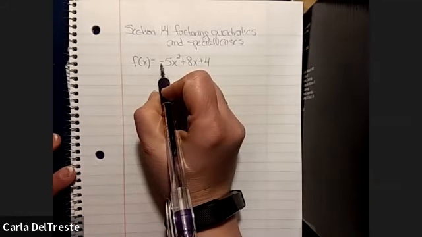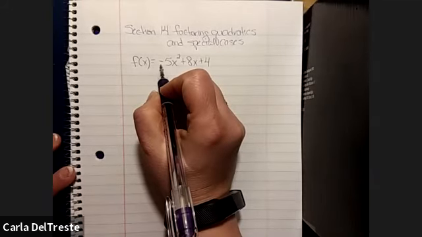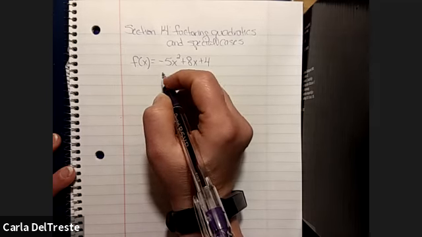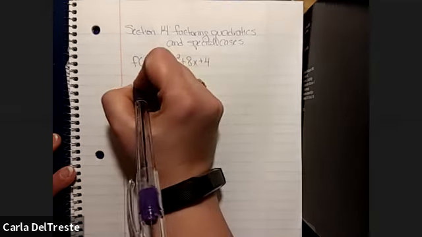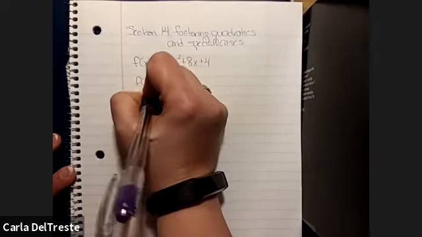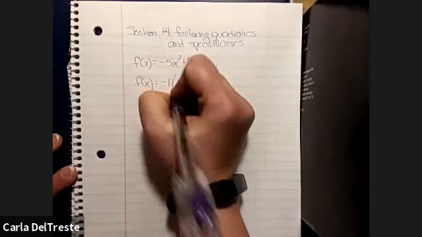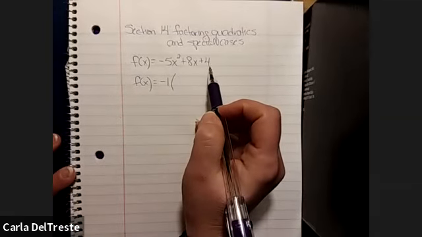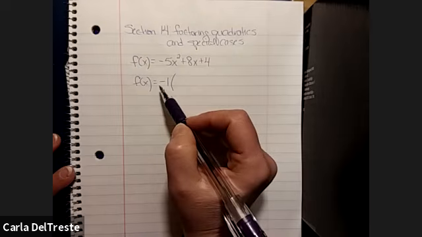I don't like this negative out in front. We want to try to keep our leading term positive as much as possible. So I'm going to treat -1 as a GCF because it doesn't have any other common factors. So I'm just going to pull out a -1.